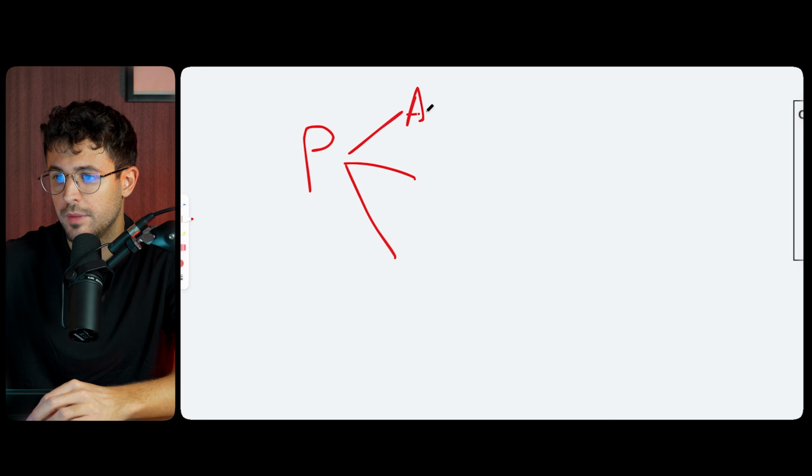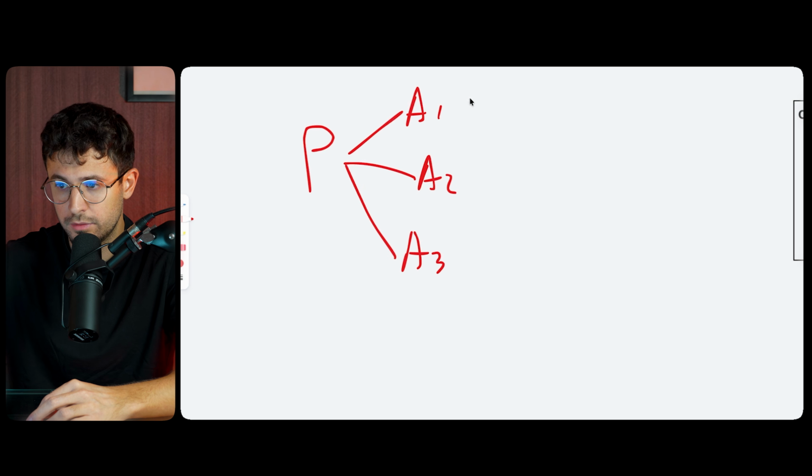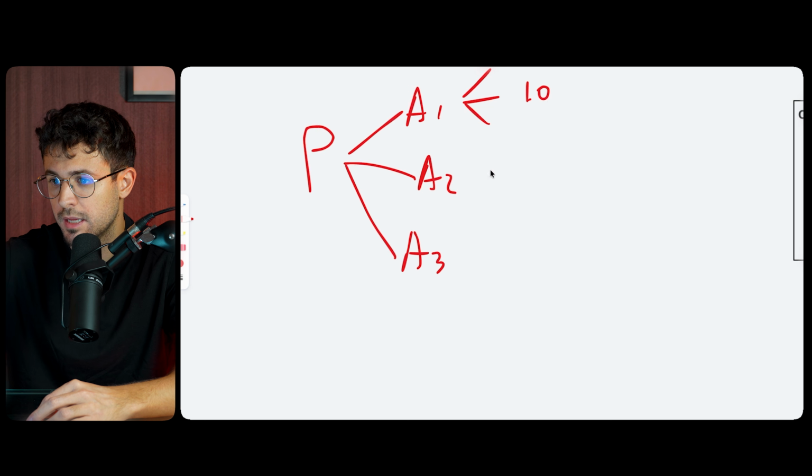That means that, let's say this is your persona in here, and then you have these 3 angles, angle 1, angle 2, and angle 3. For each of these angles, you create, let's say, 10 ads, okay? Then same here, 10, same here, 10.